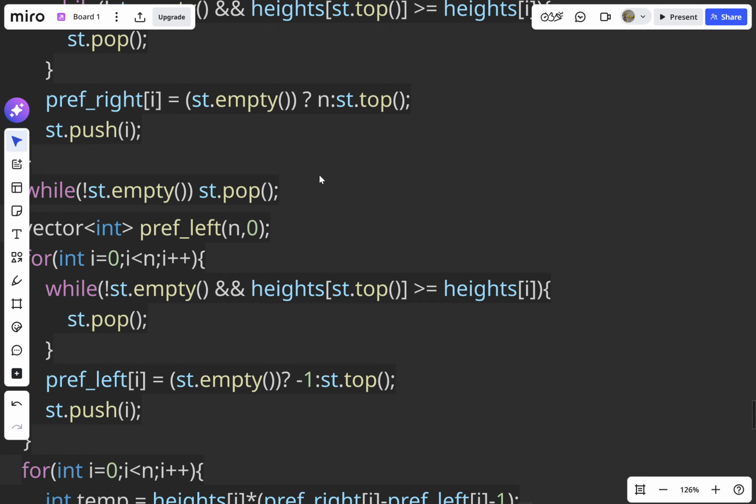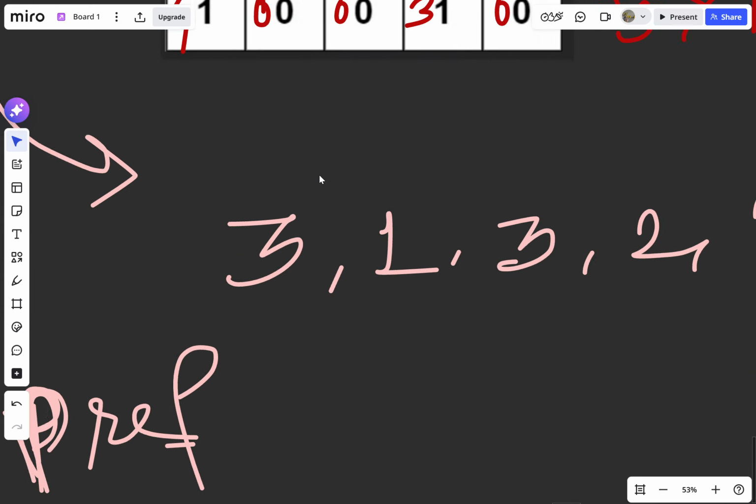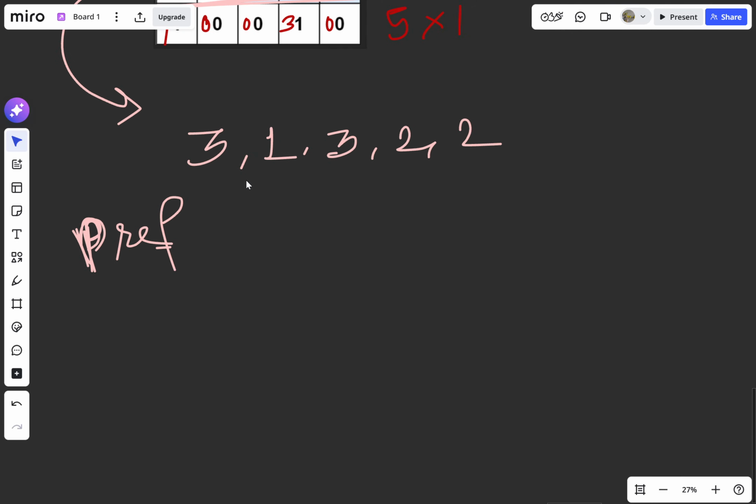These store indexes: for each index, the last index which has a height greater than or equal to it. Let's see what prefix left and prefix right are storing.